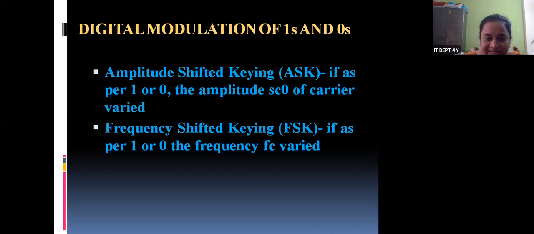If our modulating signal is a digital signal and its parameters are represented using ones and zeros, and those parameters are used with the carrier signal in the modulation, then our digital modulation signal will be sent over.